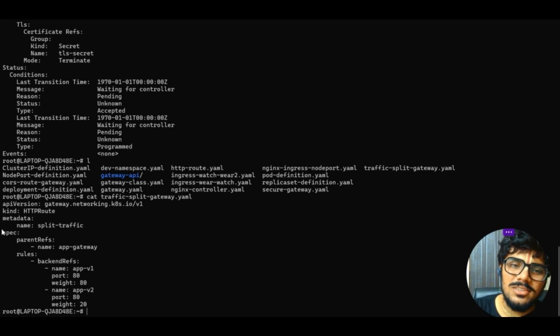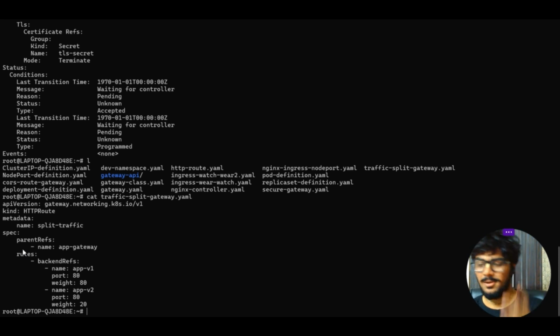The kind is HTTPRoute, metadata, name, split traffic. Spec is the particular thing that will be defining our gateway. The spec parent ref is the name of the app gateway, and the rules have been set around how our gateway will be triggering various actions in our cluster. Rules, backend refs.